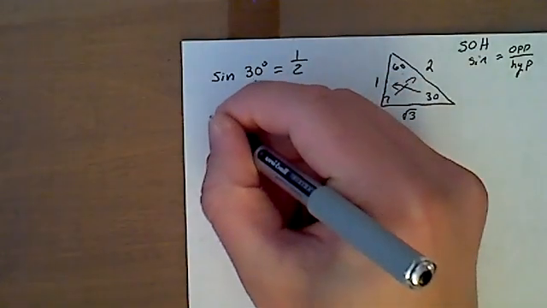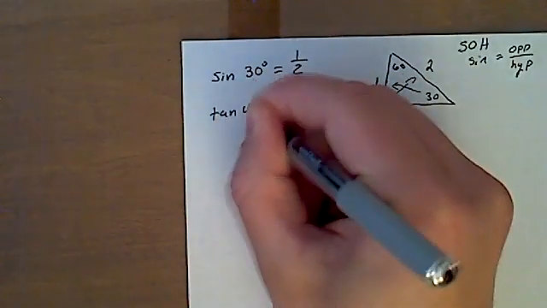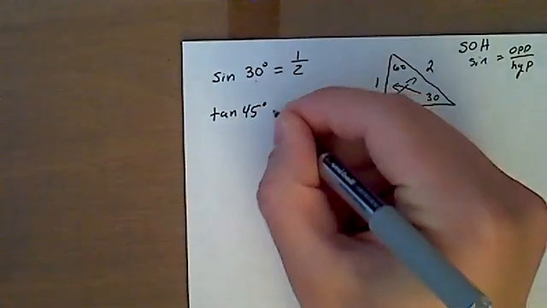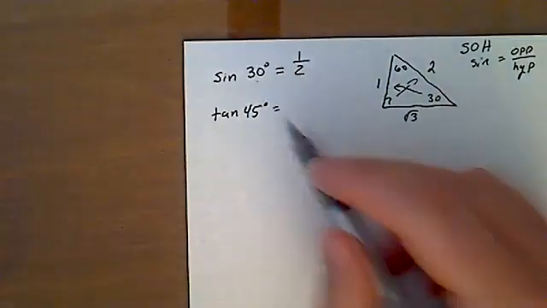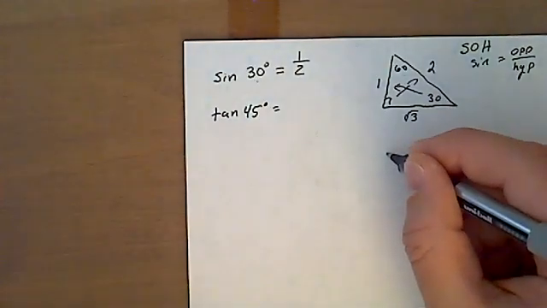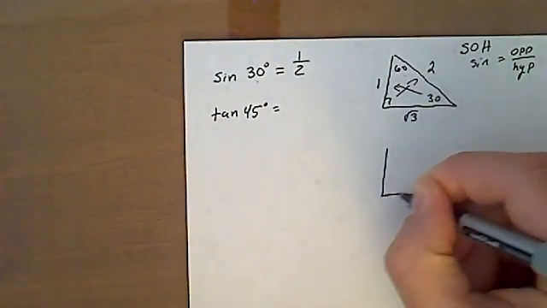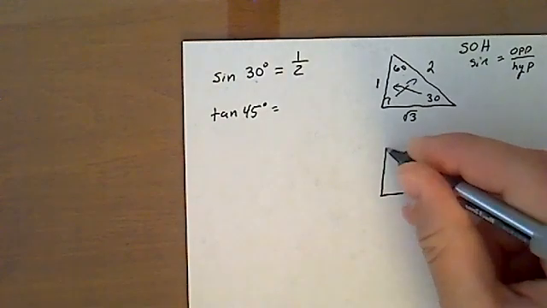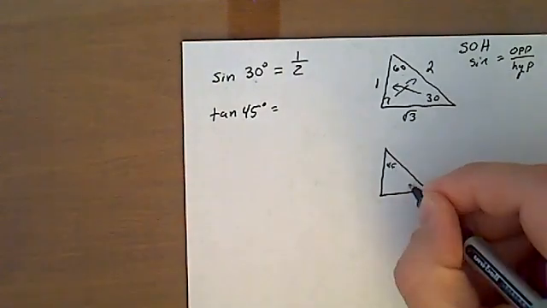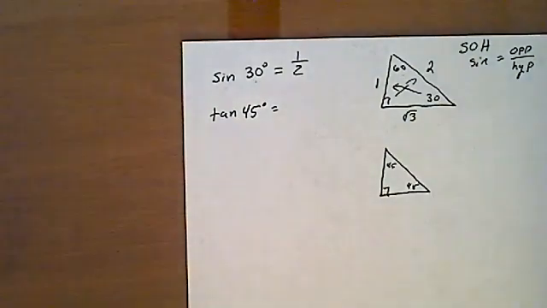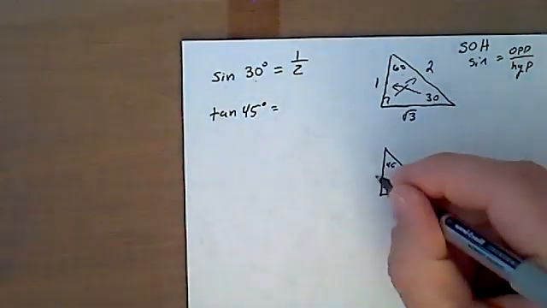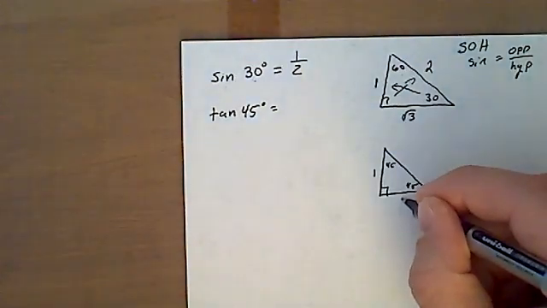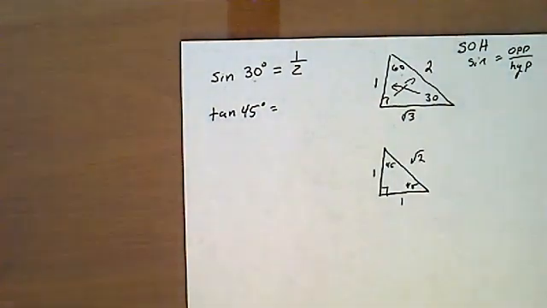All right. The tangent of 45 degrees. So this is a 30, 60, 90 triangle. We don't have a 45-degree angle in there. But if we switch over to this, we're going to make the simplest 45, 45, 90 triangle we can get, which is sides of 1, hypotenuse of the square root of 2.